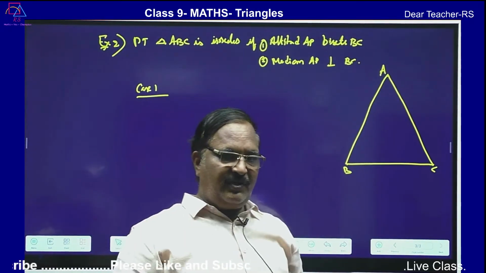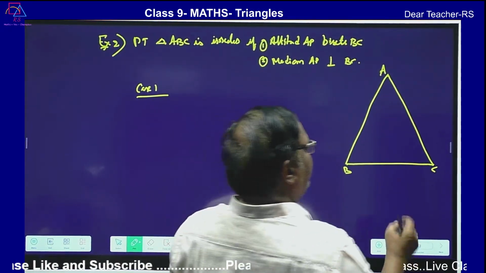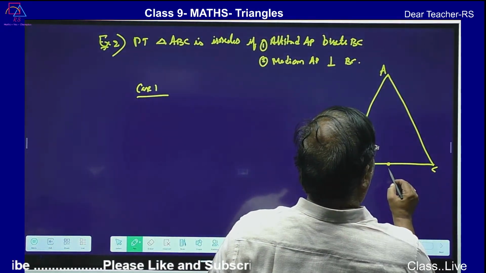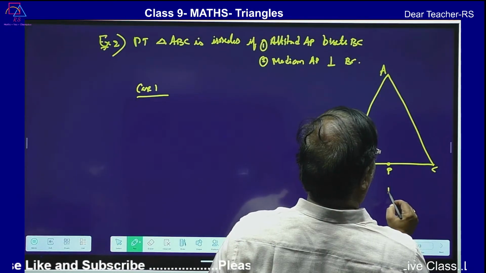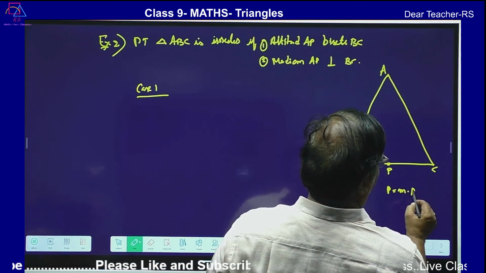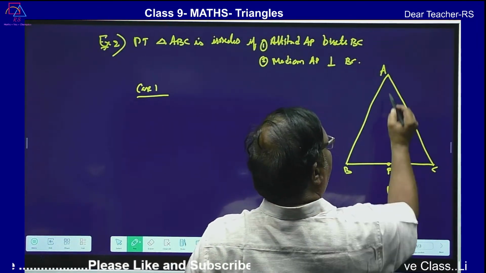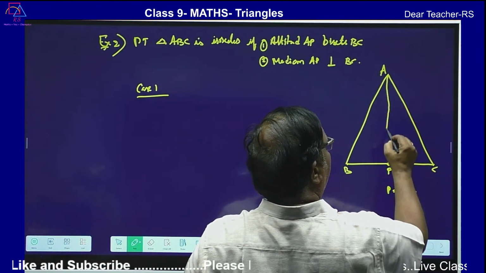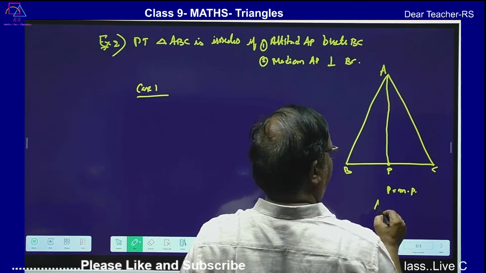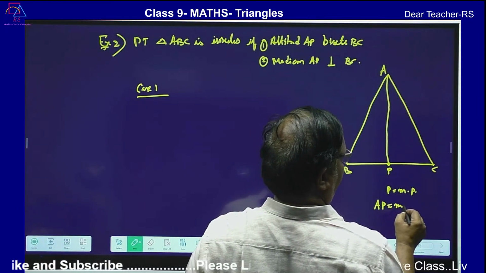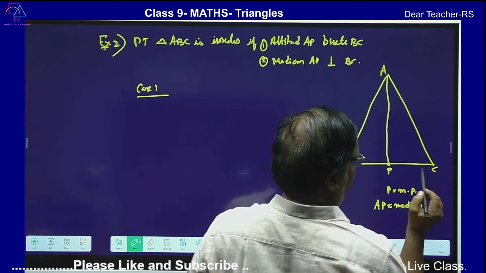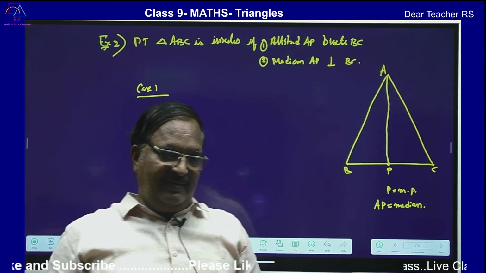What is a median? You have to take the midpoint. P is the midpoint. The line joining the midpoint of a side and the opposite vertex is known as the median. So AP is the median. What is the median?